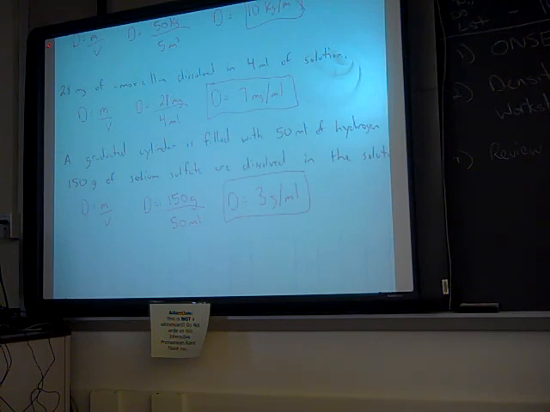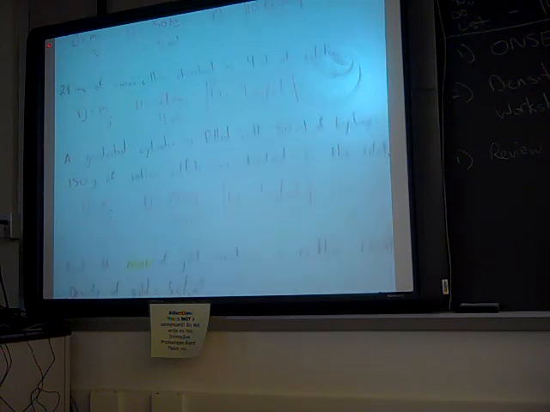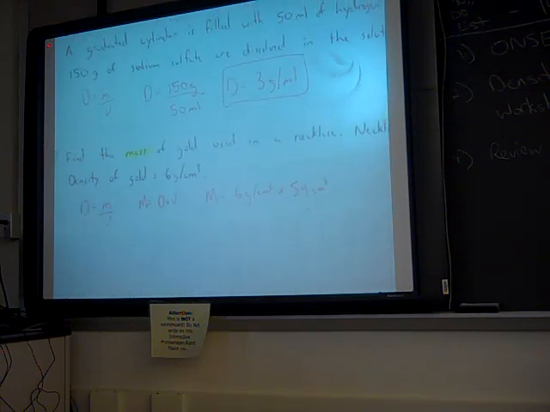And if you have to go back and watch the video, then that's okay. It's not going to hurt you any. It'll be on there the rest of the week. Going through, any questions on that? Okay. Number 4, you had to find the mass. This is one where you had to switch it up. Mass, you multiply.